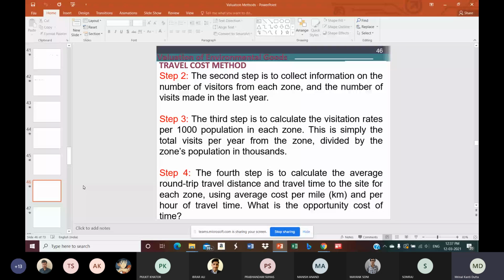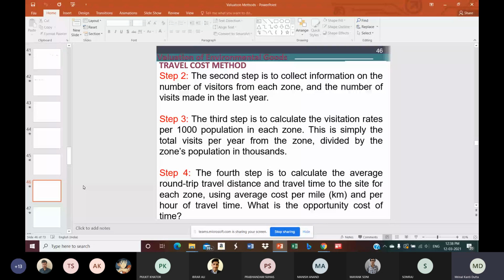After that, the average round trip travel distance and travel time to the site for each zone will be calculated using concepts like average cost per kilometer and per hour of travel time. Here we need to take into account the opportunity cost of time as well.